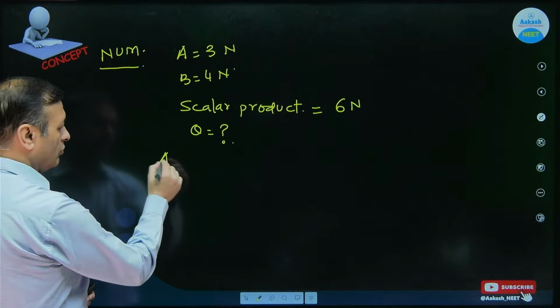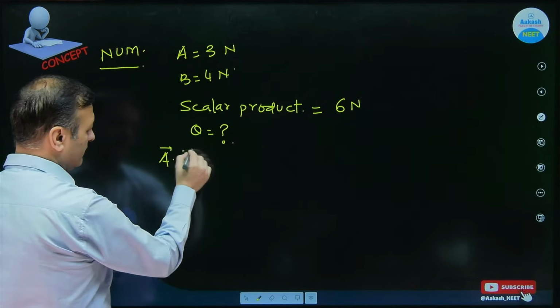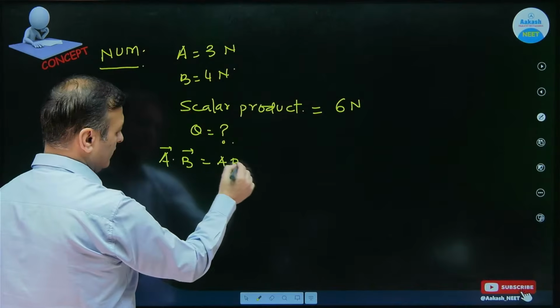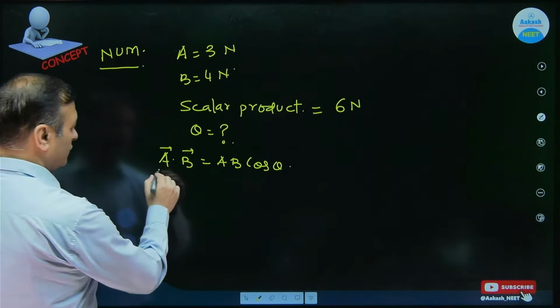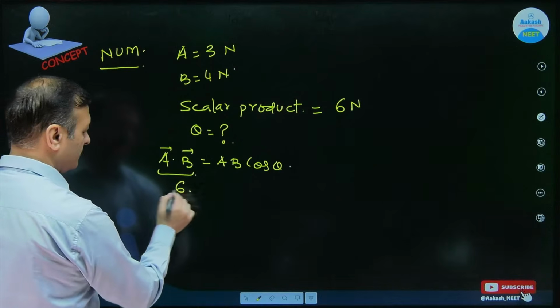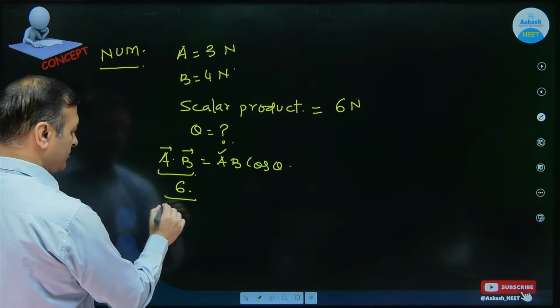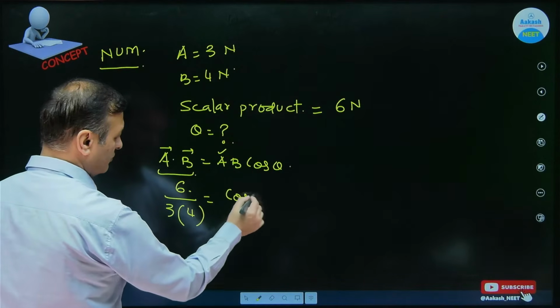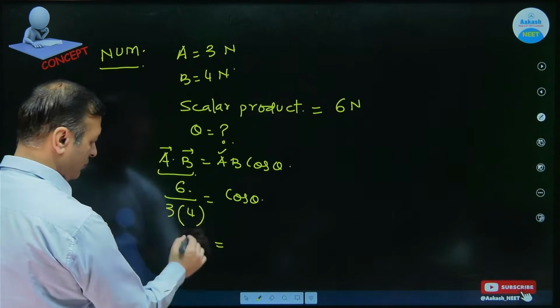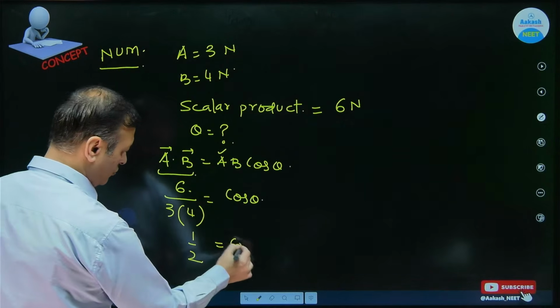So we know A dot B, which we can write down as AB cos theta. So this scalar product is 6, magnitude of A is 3, magnitude of B is 4. So that makes cos theta as 1 by 2.